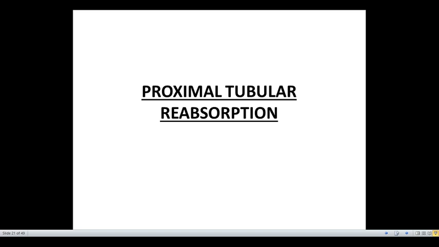Let's first concentrate on proximal tubular reabsorption. Normally, about 65% of the filtered load of sodium, chloride, and water are reabsorbed by the proximal tubule before the filtrate reaches the loop of Henle.